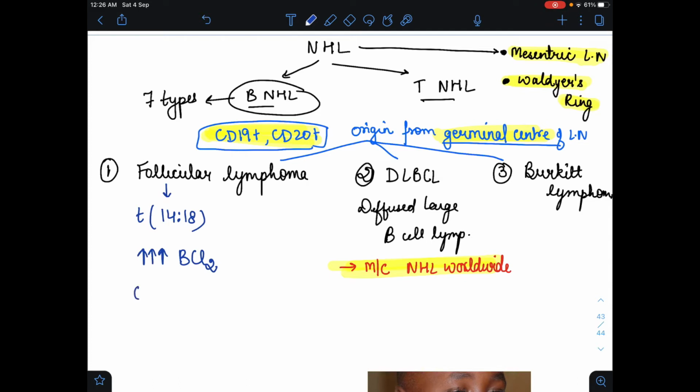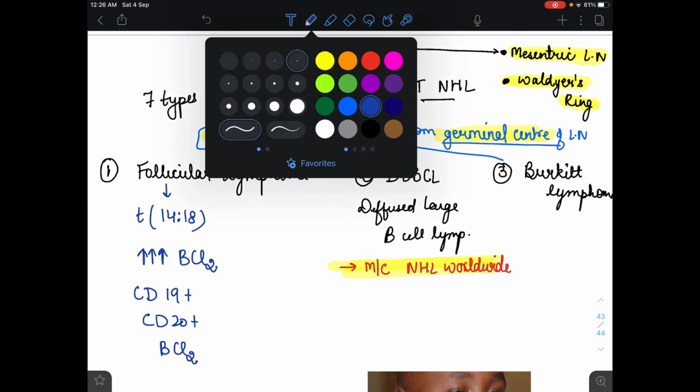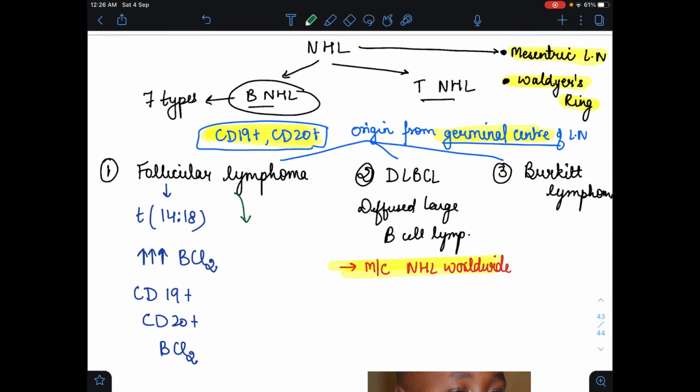The CD markers here are CD19 positive and CD20 positive, as I already told you, but one more marker is present, BCL2. Follicular lymphoma has a good prognosis. Please remember that follicular lymphoma has a good prognosis.